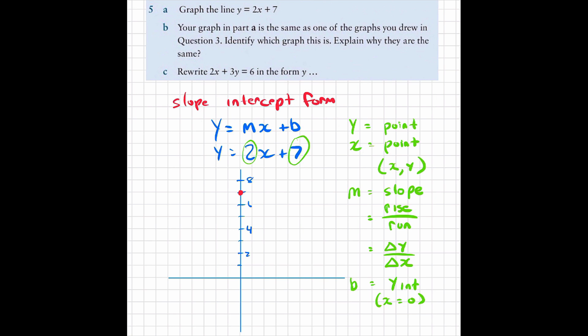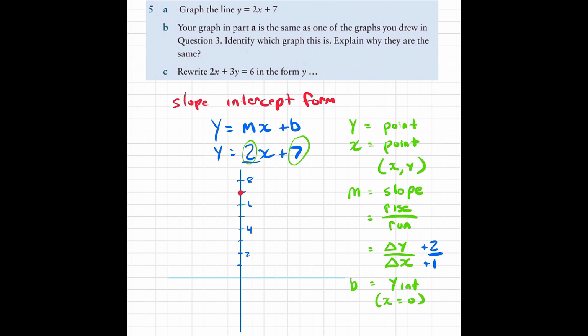But there's only one number there. But remember, any integer can just be put over 1. So really that 2 is a 2 over 1. So if I put a 2 over 1 down here, it's a positive 2 and a positive 1.